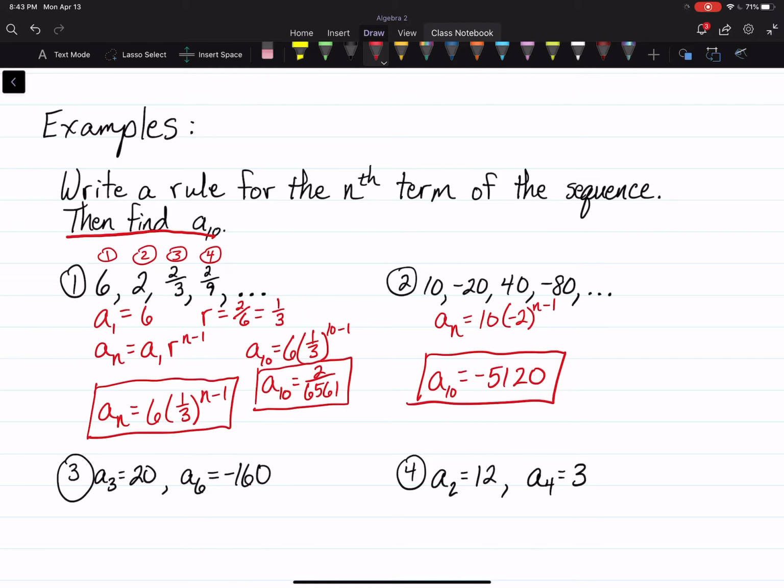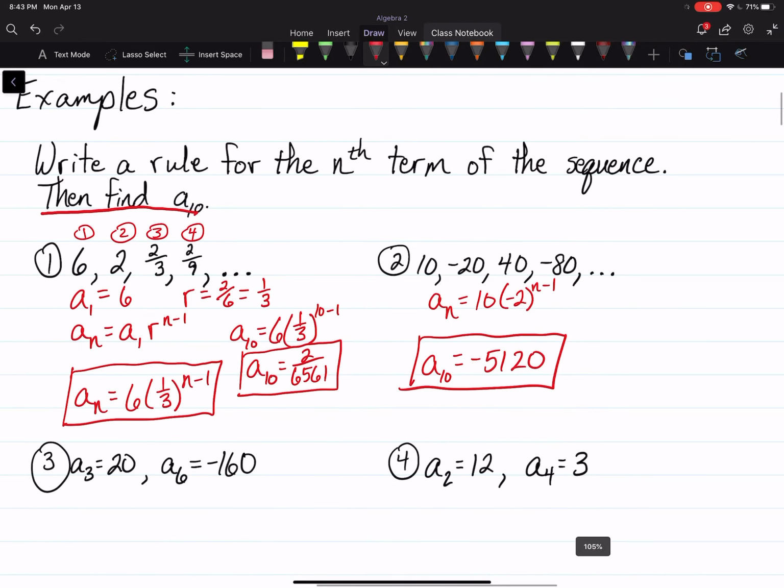That makes sense because 10 is an even term. If you notice in our equation, the second term was negative, the fourth term was negative. That means the sixth term will be negative, the eighth term will be negative. So the 10th term should also be negative. Those are the answers you should get.